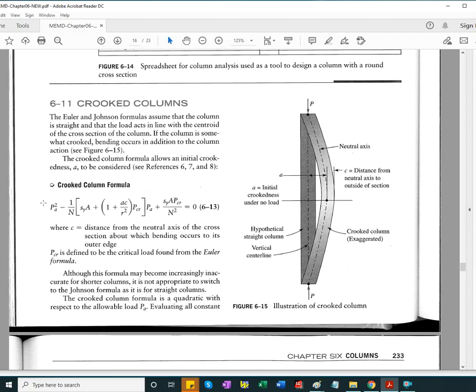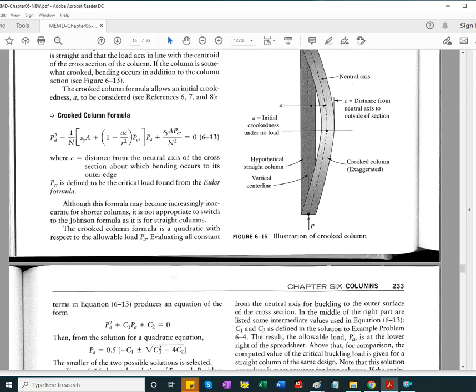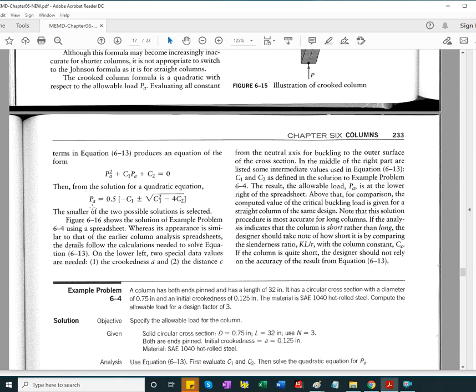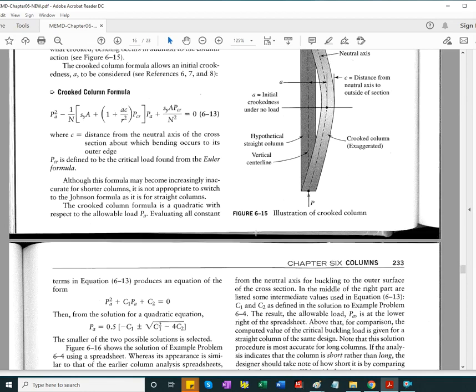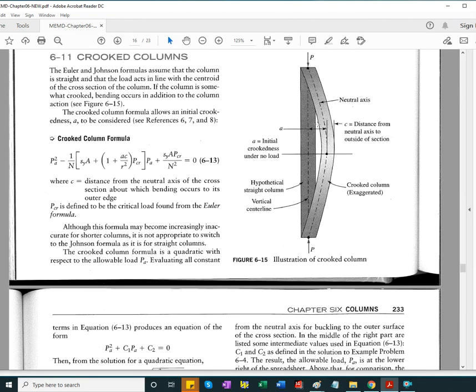So yeah, you calculate the coefficients of this quadratic, and you can calculate the admissible load when you have the design factor and everything else being given, like c, the distance from the neutral axis to the outside of the section.